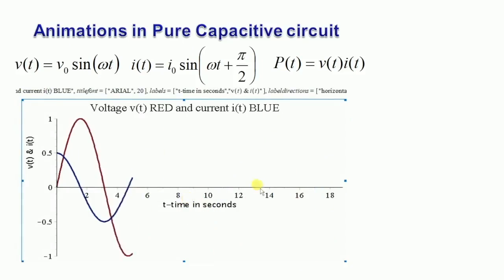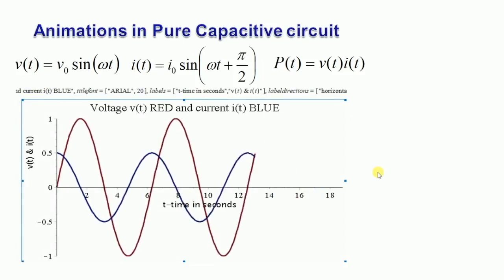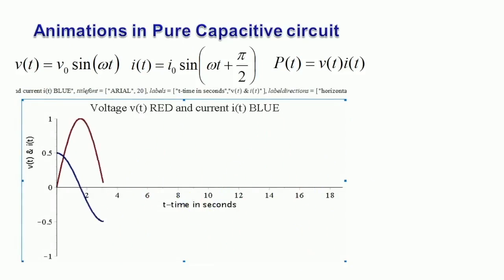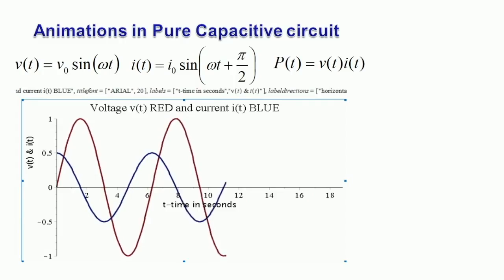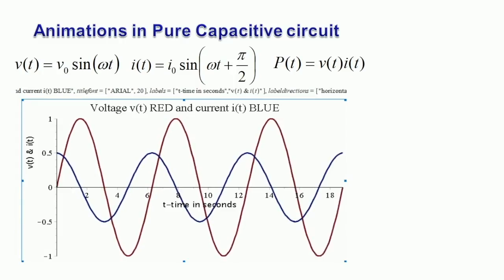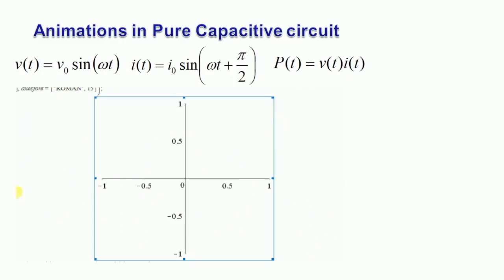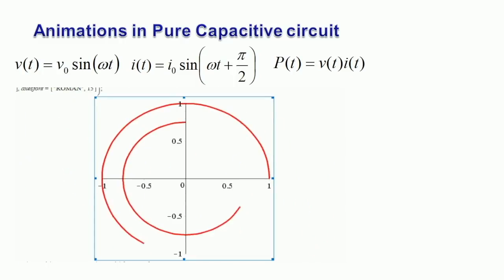So here is a wonderful animation of how the instantaneous value of voltage and current roll with time. So here you can see that the phase is ahead by pi by 2.